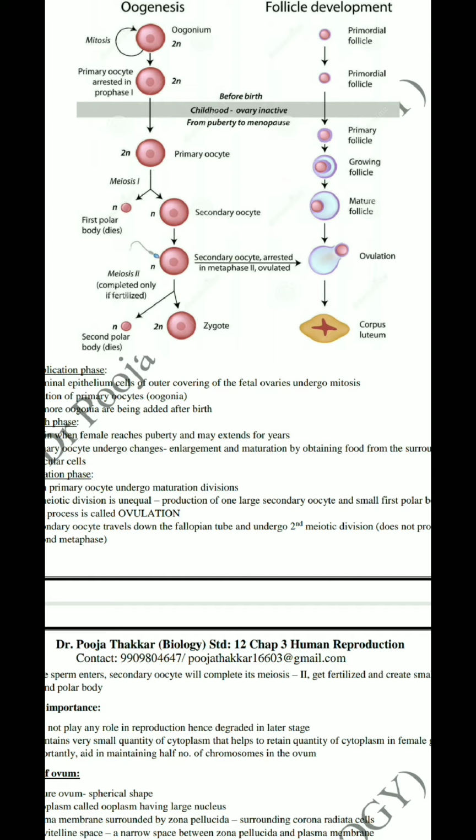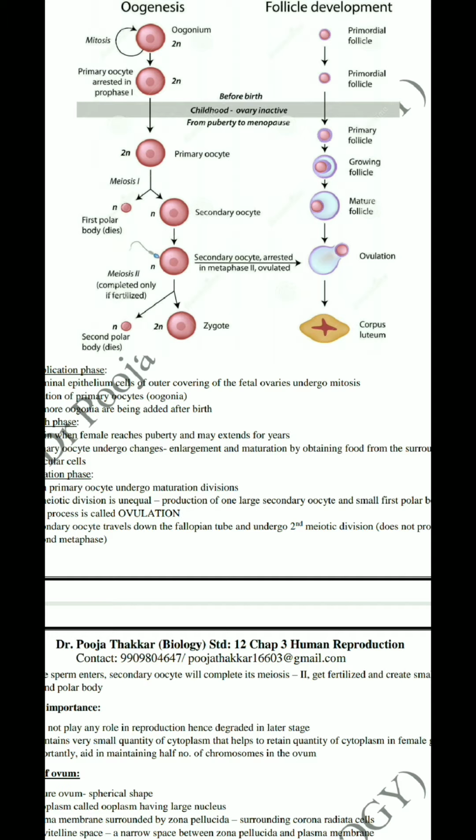The second most important point here is that if the primary oocyte does not undergo meiosis, forming the smaller polar body and secondary oocyte, it will be a very big trouble, because only at the end of meiosis is it able to produce 23 chromosomes in each of the cells.